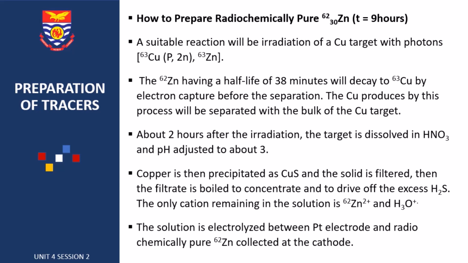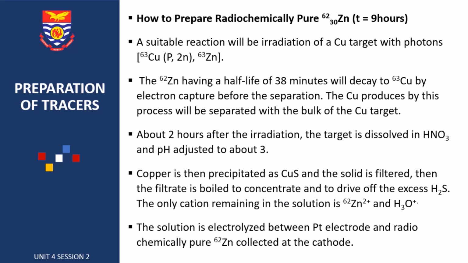The copper that is produced in this process is separated from the bulk of the copper target. 2 hours after the irradiation, the target will be dissolved in nitric acid and the pH will be adjusted to about 3. This causes copper to precipitate as copper sulfide, and the solid copper sulfide that is produced is filtered.